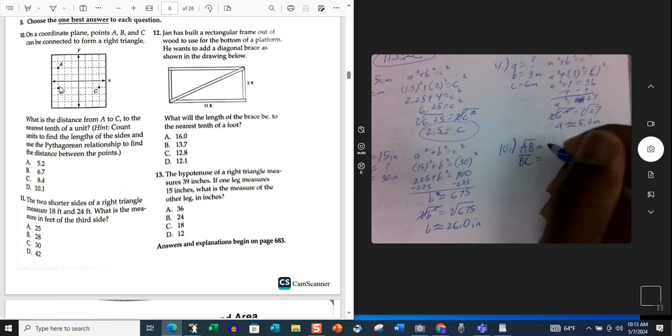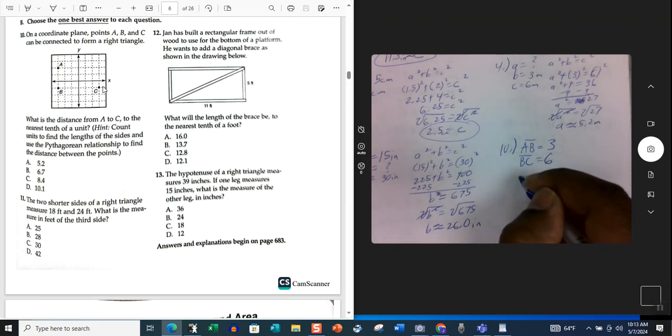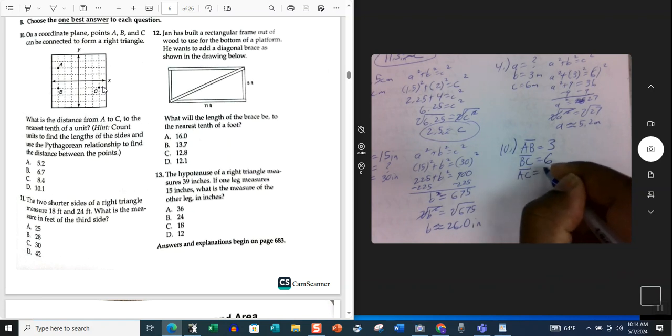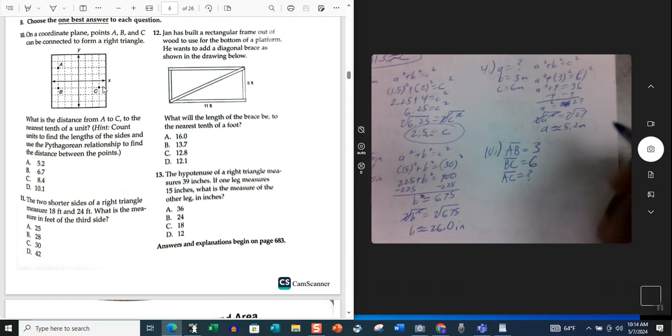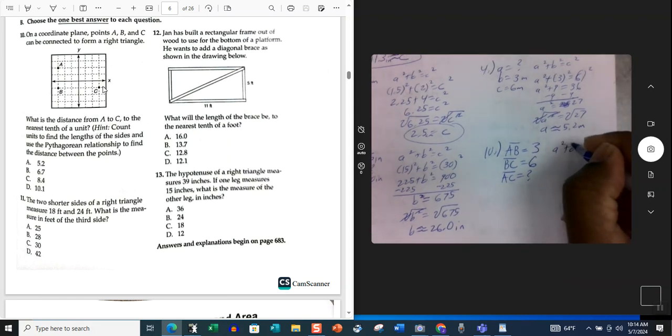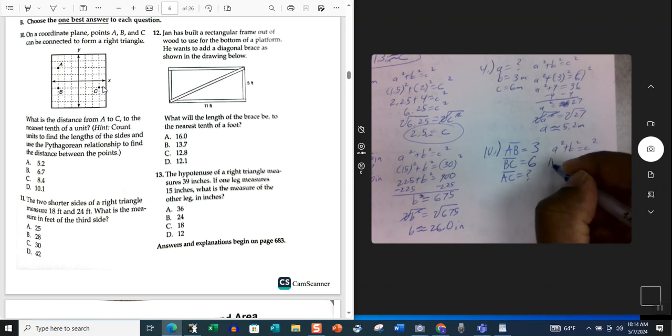So side AB would be 3. Side BC would be 1, 2, 3, 4, 5, 6. And then last but not least, we're trying to find the distance from A to C. So it'd be side AC, which we would have a question mark by. So now, you know we have A squared plus B squared equals C squared. But we know our A would be this AB.